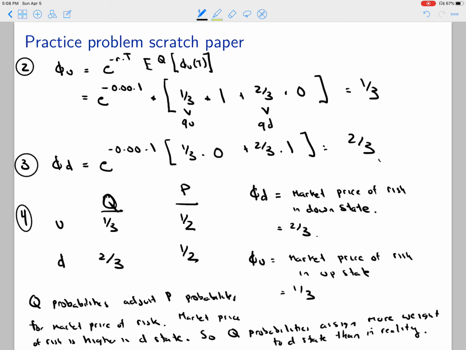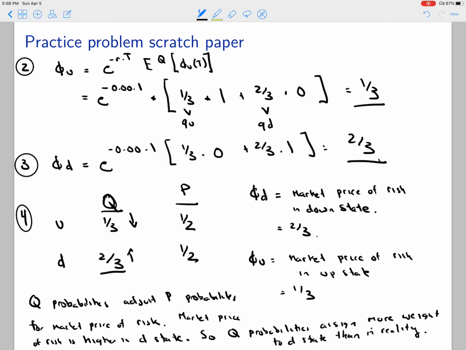However, receiving a dollar in the D state is clearly much more valuable from today's standpoint, because the D arrow security is twice the value of the U arrow security. And the Q probability reflects this fact by adjusting the D probability upwards and the U probability downwards.